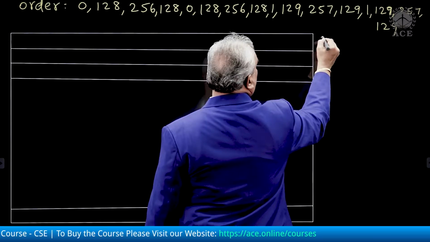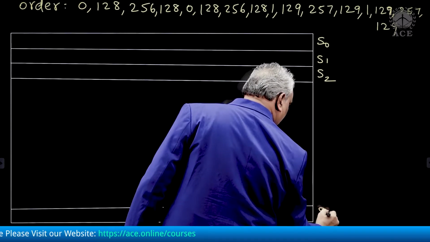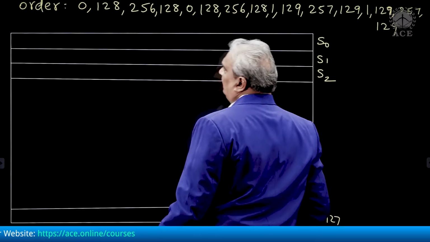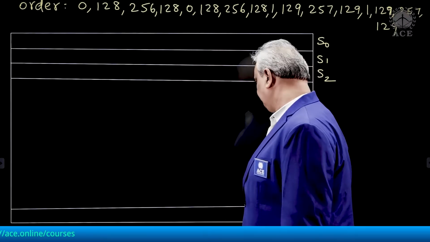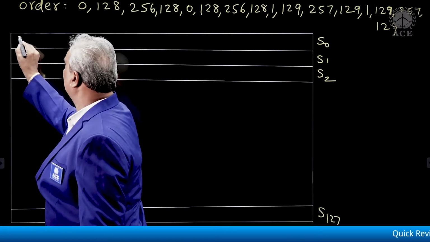Observe this. It is S0, S1, S2, up to S127. What about the first request? 0. 0 mod 128, it maps to set 0 only.